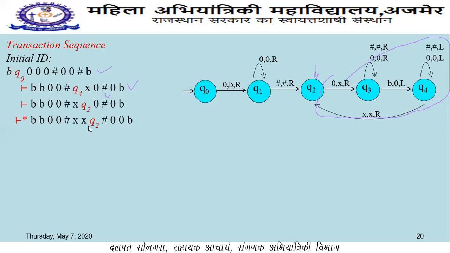So after multiple transitions, again we apply the same procedure, and after the multiple transitions we copy 0 corresponding to this 0. So we reach this situation, and now this is the special situation when we are reading hash at state q2, which tells us that the multiplier is copied.